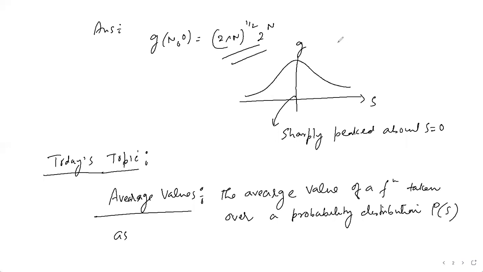If you want to see the behavior of g(n,s), let's plot it as a function of s, because s is an important parameter. g is a function of both n, the number of spins, and s, the spin axis. But we want to plot it as a function of spin axis, because that's the interesting scenario.